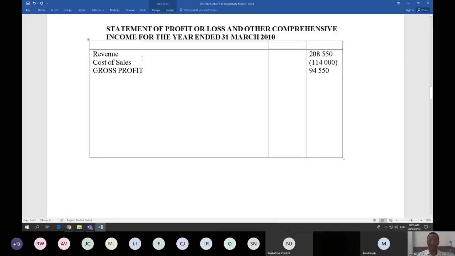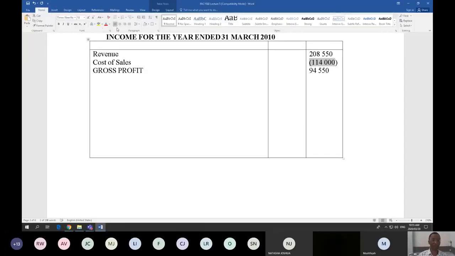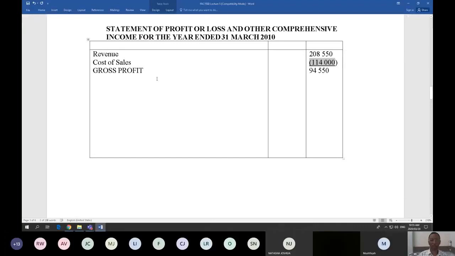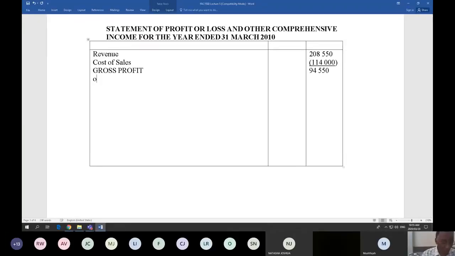But in this question, there was no settlement discount received. So your cost of sales is the amount given as 114,000. Subtract the two, guys, and that will give you a gross profit amount. You add now your other income.